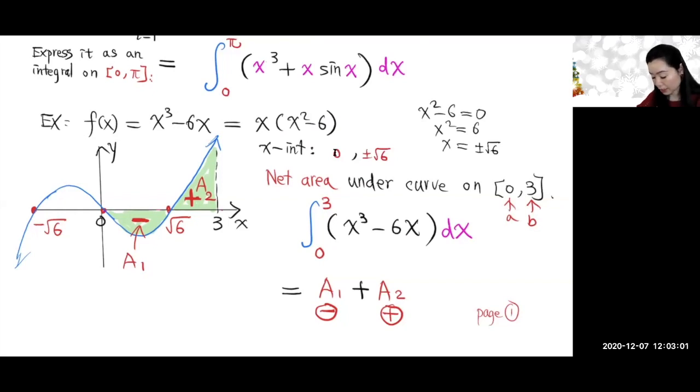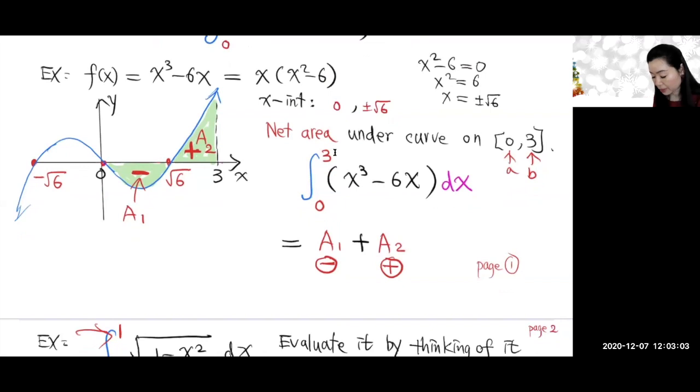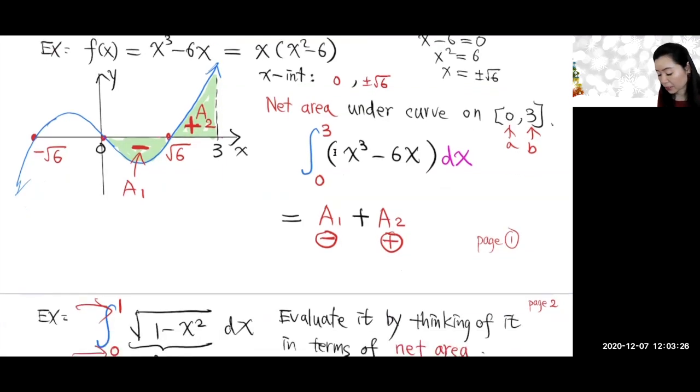So the net area under this curve on 0 to 3, you have A1 plus A2, where A1 will be negative and A2 will be positive. Above the x-axis is positive, below it will be negative. So this integral is the sum of these two. Question?